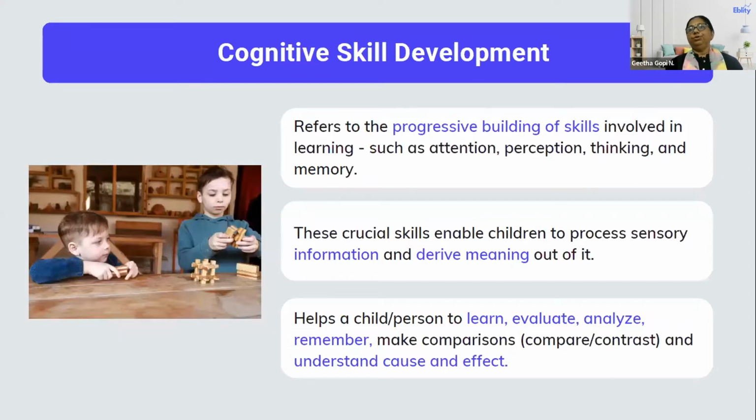It allows them to make informed choices, compare the pros and cons of different things, use compare and contrast skills, and understand cause and effect mechanisms, like if something happens, then what follows. So from all these, children or people learn continuously.